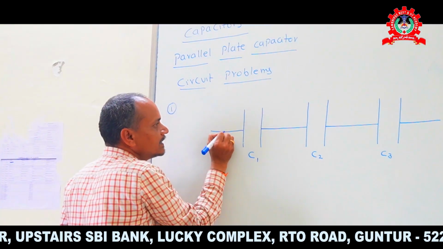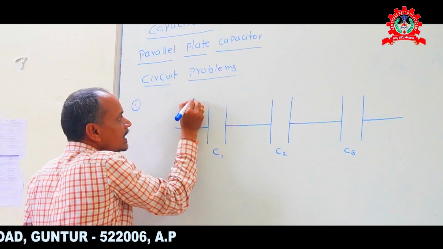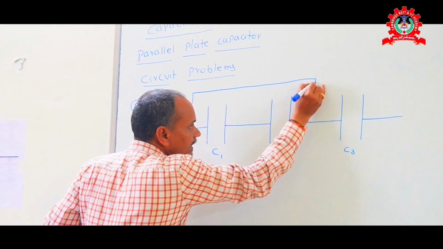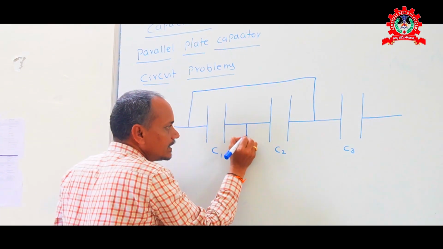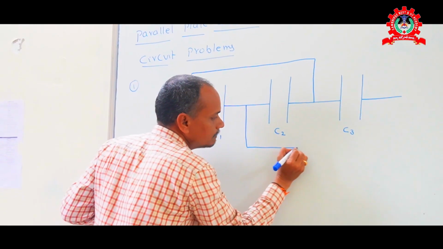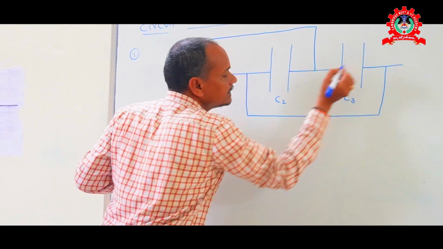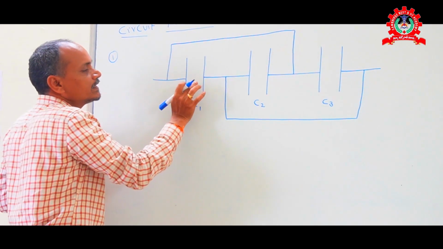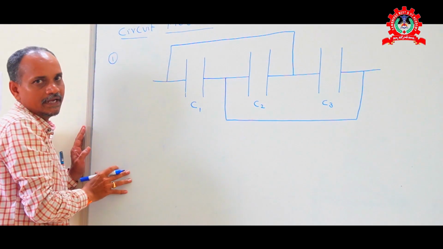Now, if the same problem is given like this, let us consider a conducting wire connected like this, and they ask for the equivalent capacitance of this combination.